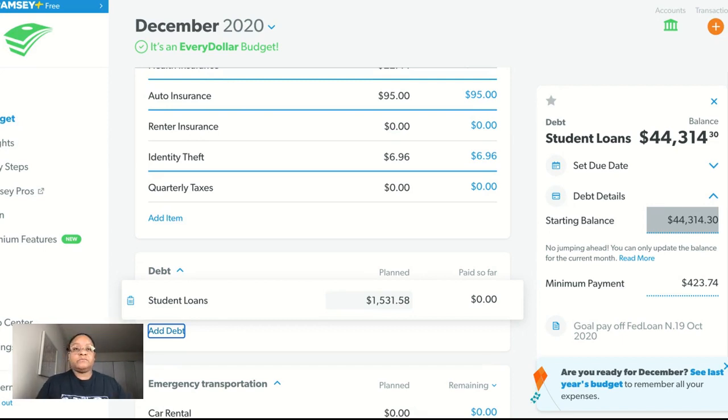And so that's all I need to do. Now I'm pretty much ready for December. When December hits, like December 1st, I can go in. If I need to modify that starting balance, I could go in and do that. You can't do it before the 1st. And when the month ends, you can't go back and alter your November debt balance.